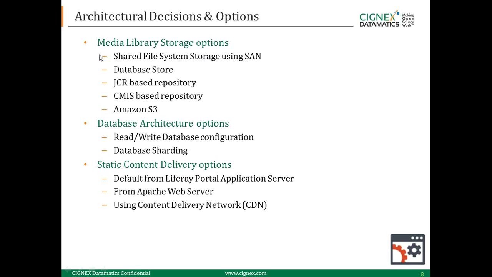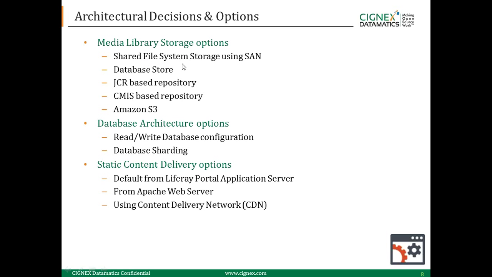There are some architectural decisions and options available for some of the items. The first one is the media library storage option. We have a shared file system storage using SAN. This is one of the most preferred options, that you should have your shared file system storage.